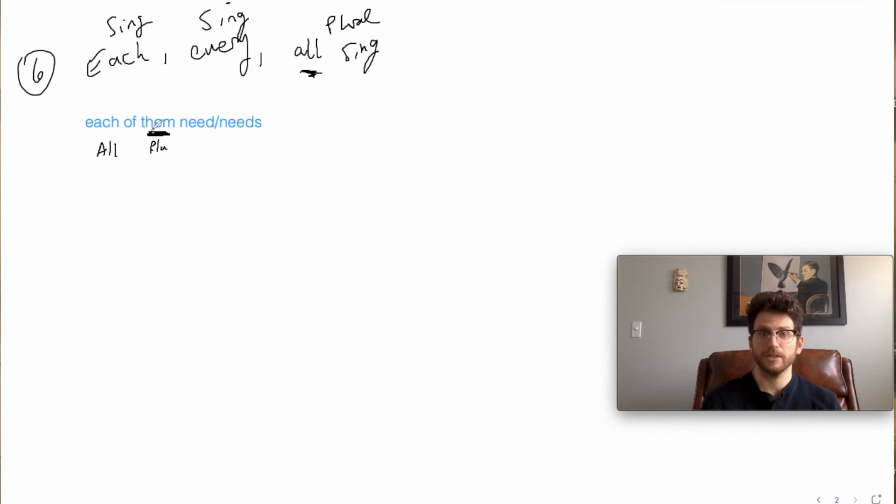It would be all of them need, right? Because depending on what this noun is, that changes what all is. If I said all of the food, countable or uncountable, uncountable in this case. We're not talking about a quantity. We're talking about singular. So would all be singular? Yeah, because the food is singular. We're not talking about a quantity here.